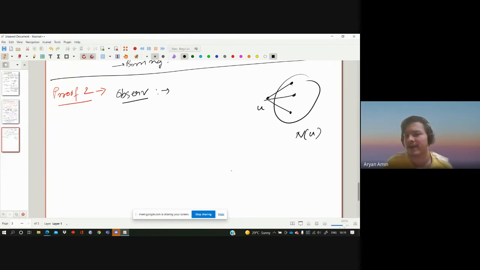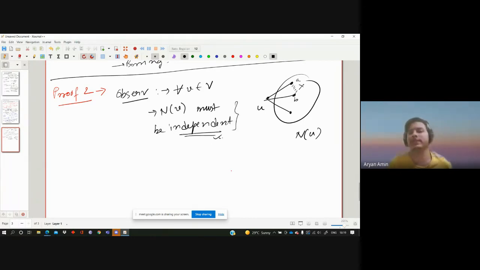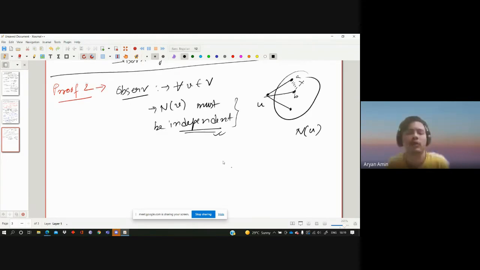Note that you cannot have any edge inside the neighborhood, because if A and B were in the neighborhood and AB was an edge, then you would have a triangle AUB. So for all vertices v, N(v) must be an independent set. This makes sense, because an edge inside N(v) would form a triangle.